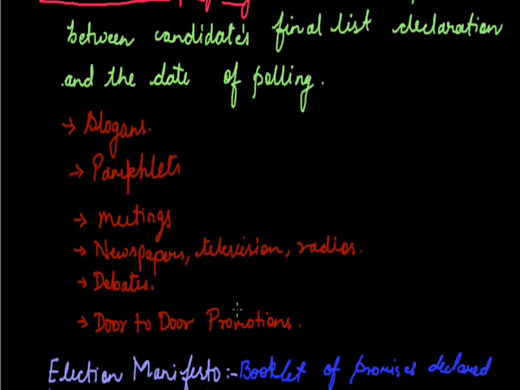Now, to keep control on all these unnecessary malpractices, to avoid all these unfair means, the Election Commission has regulated the whole election campaigning process with the medium of the Code of Conduct.